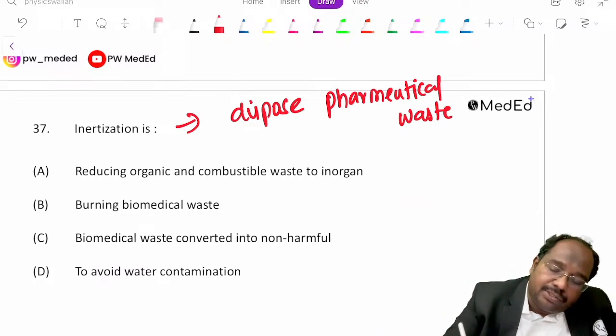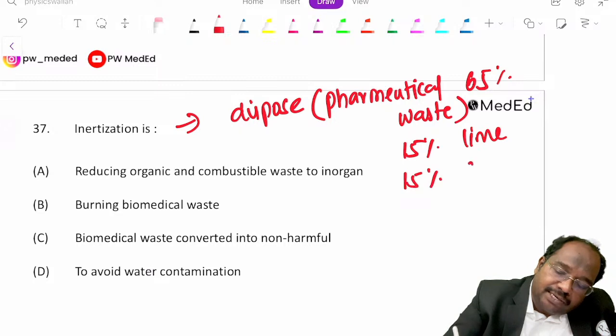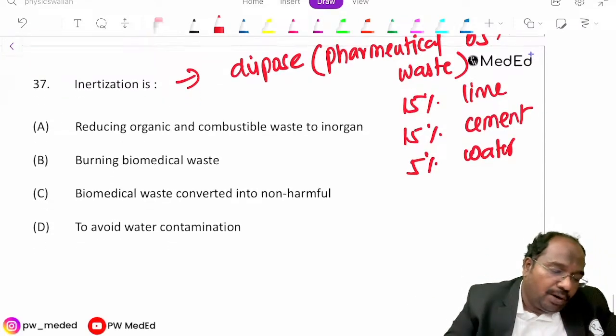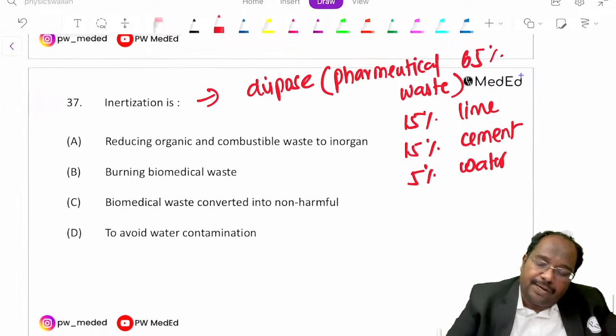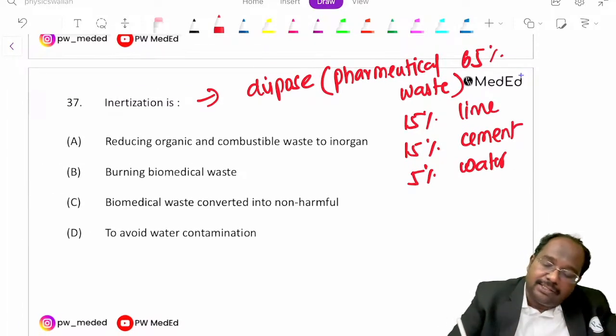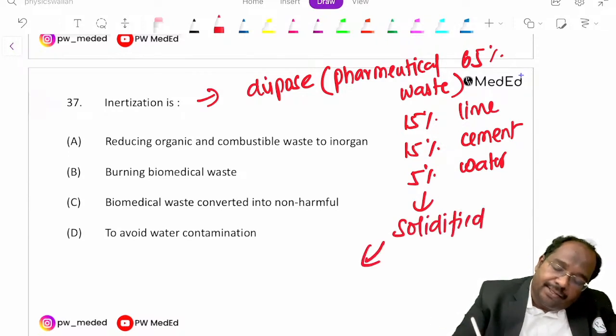What you can do is take 65% pharmaceutical waste, 15% lime, 15% cement, and 5% water. If you mix all these, it will get solidified, then you can do deep burial.